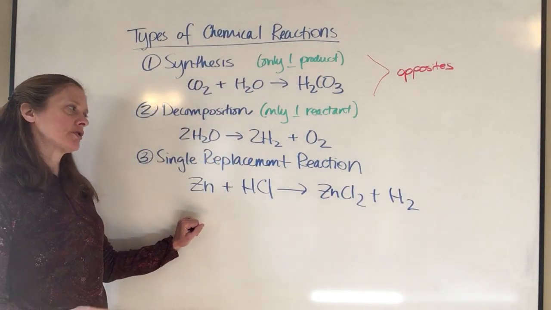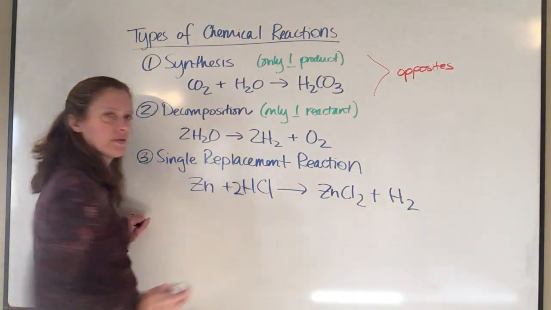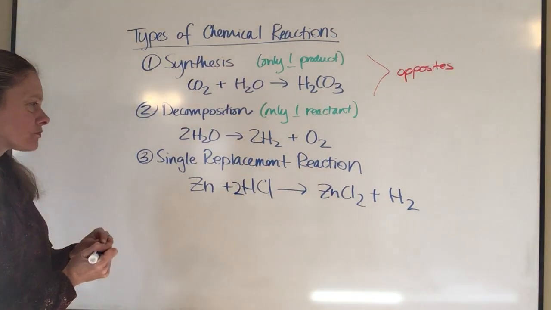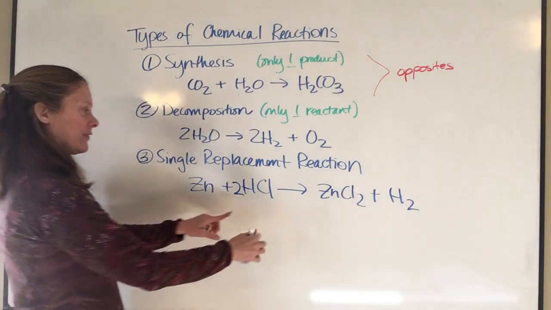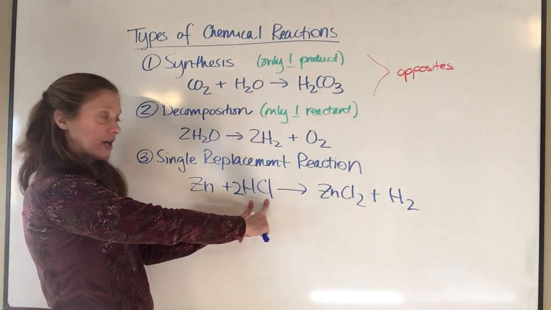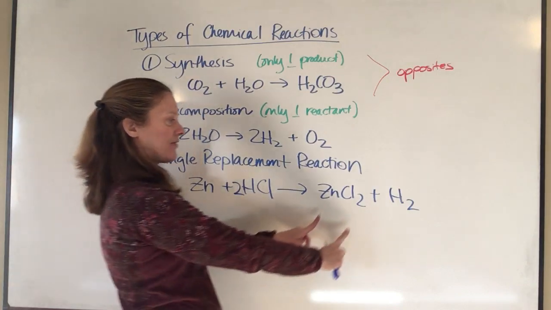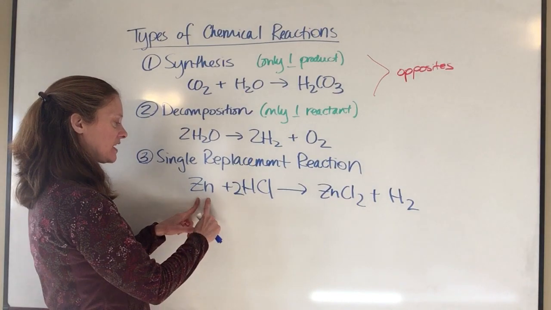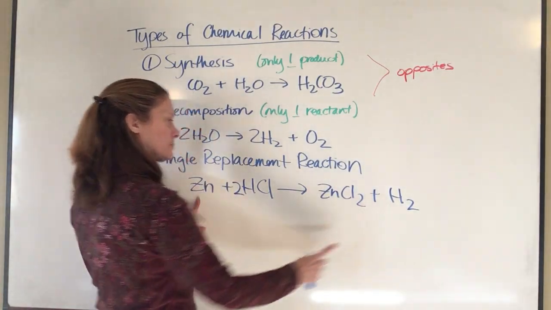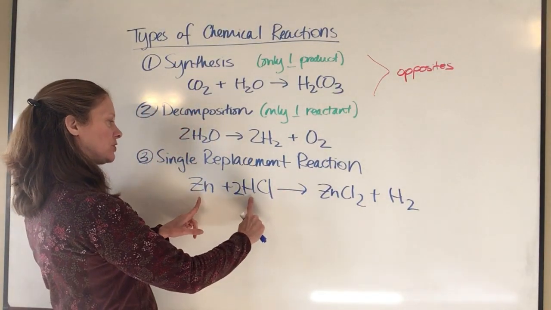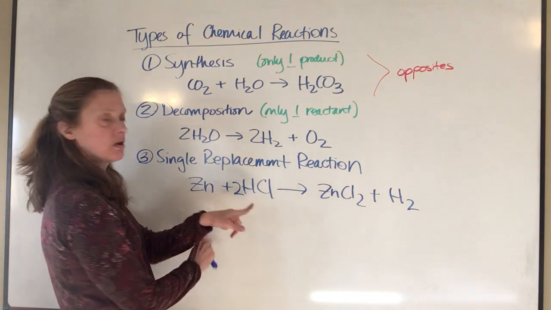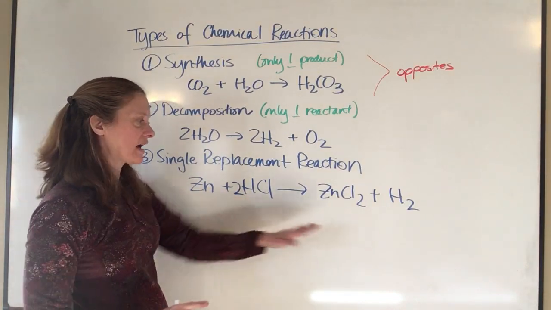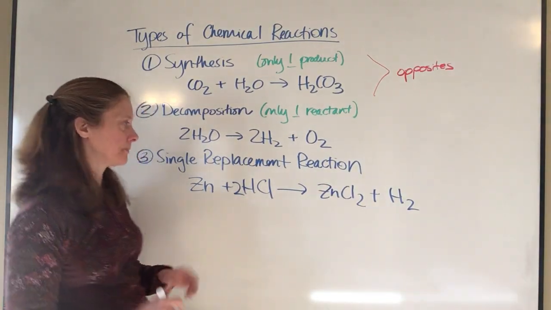In order to balance that, I'm going to have a 2 on this side. But you can see what happened here. The hydrogen and the chlorine were together. On the other side, the zinc and the chlorine are now together. The zinc was by itself, now the hydrogen is by itself, and you can see that the zinc and the hydrogen just switched places. So that is a single replacement reaction.